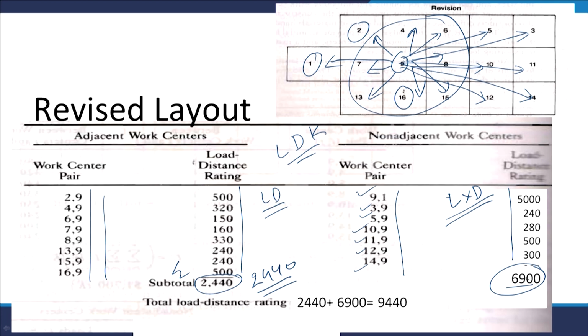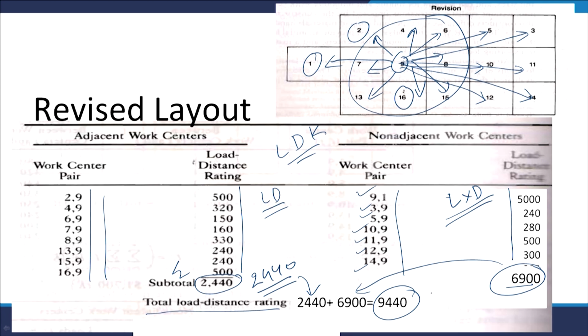So, the sum of the total load distance ratings for adjacent centers is 2,440 and for non-adjacent centers 6,900. The sum will be 9,440.